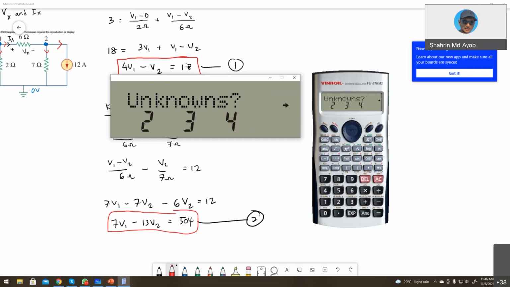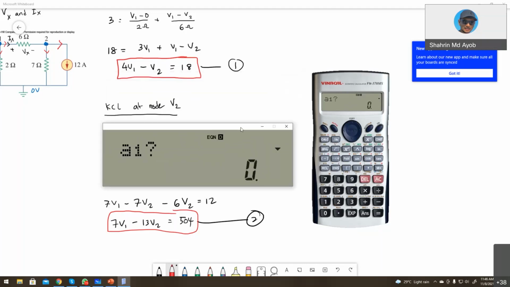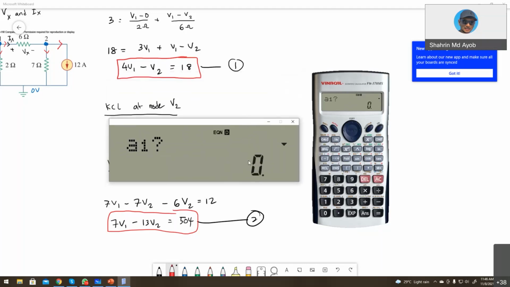Since we have two variables and two equations, just two unknowns. So you need to put the values. So A1 is actually 4, the first element here. And then B1 is the constant of V2, which is right now -1. Okay, so -1. And then C1 is equal to 18.